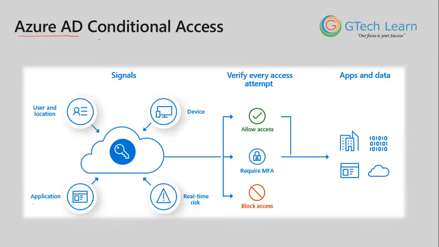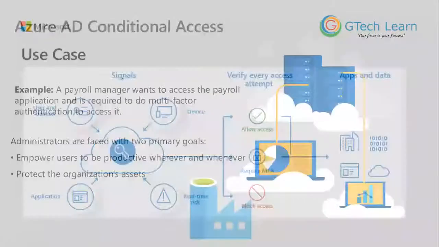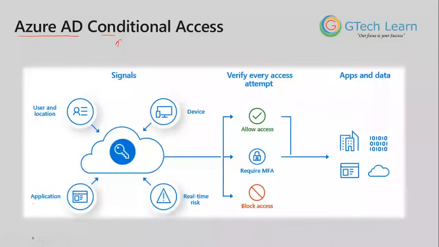As per the name, conditional access is access based on different conditions, and it works on signals. What do signals actually mean?